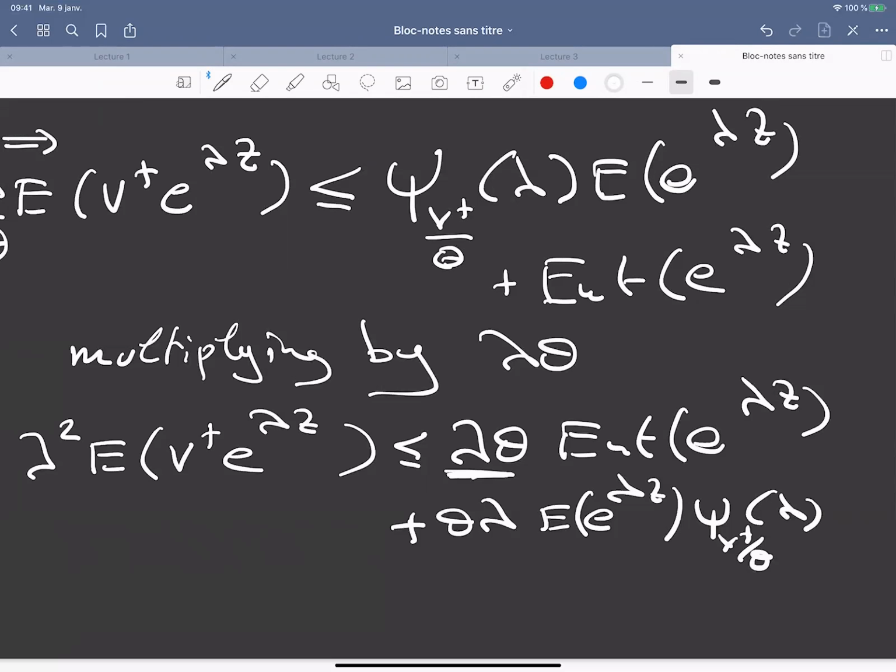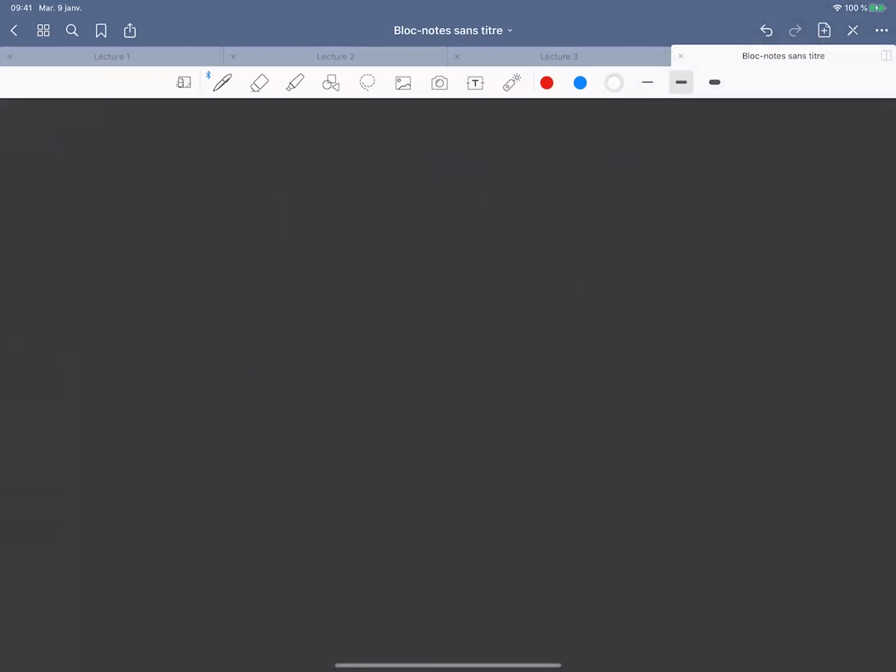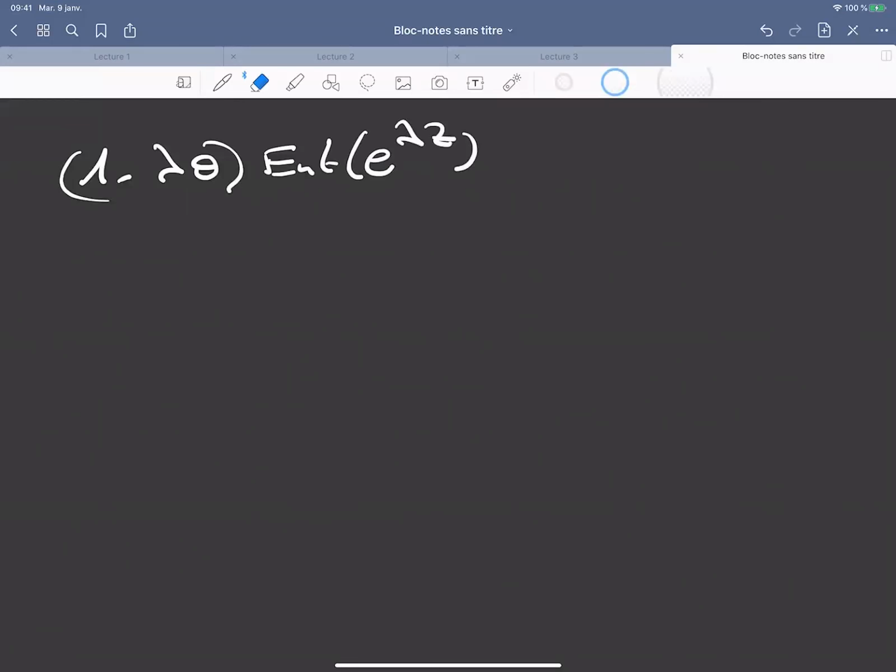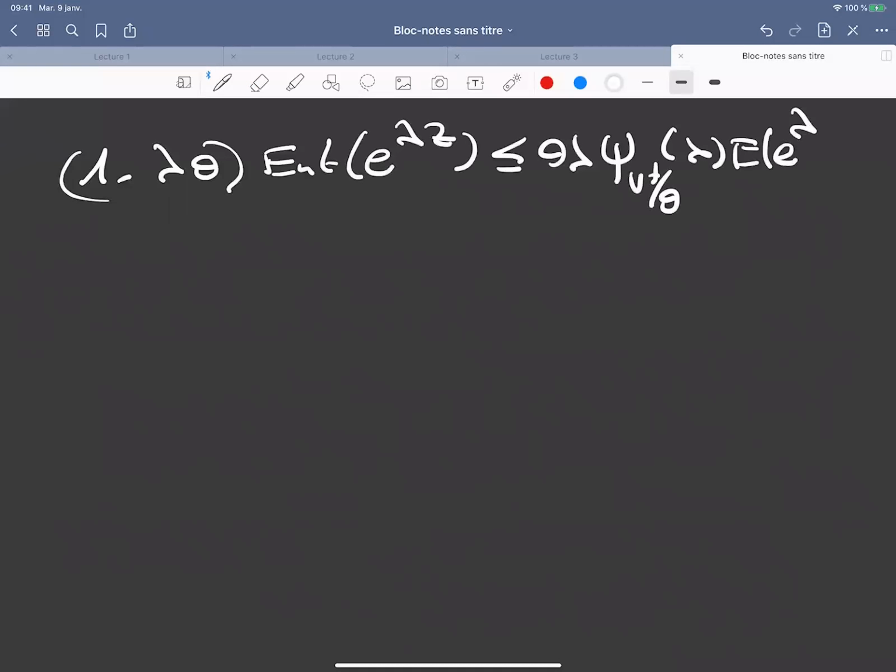We have that 1 minus lambda theta entropy is less than theta lambda psi v plus over theta at lambda times expectation of lambda z.